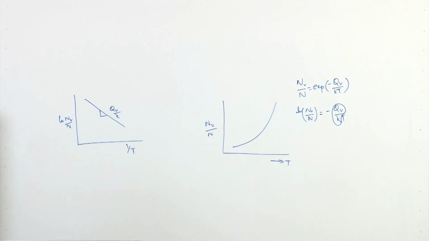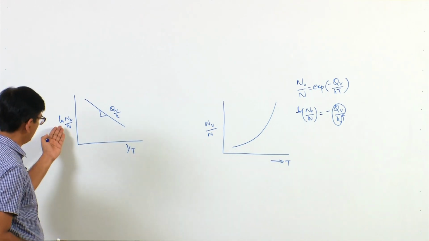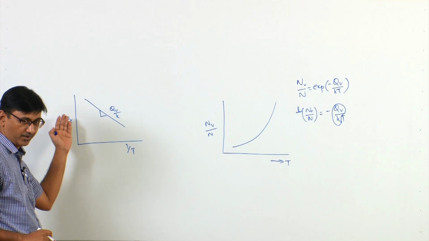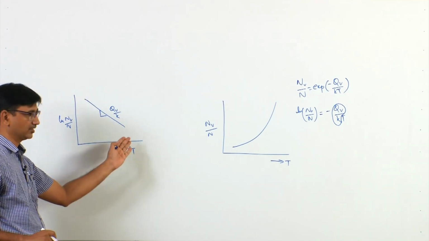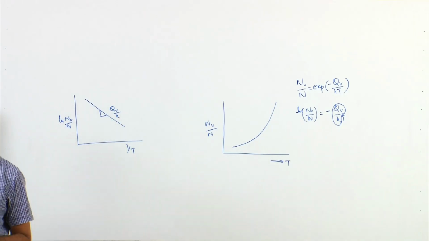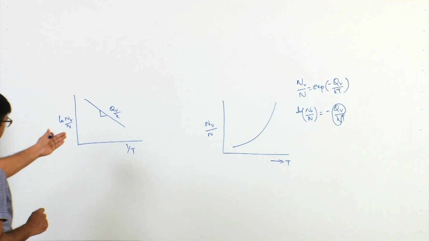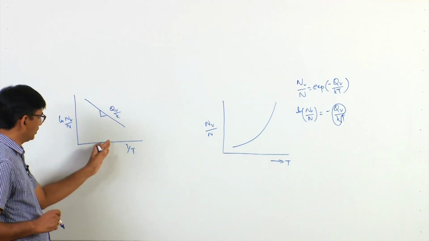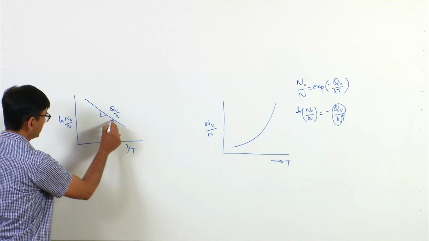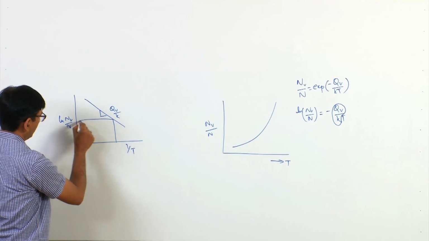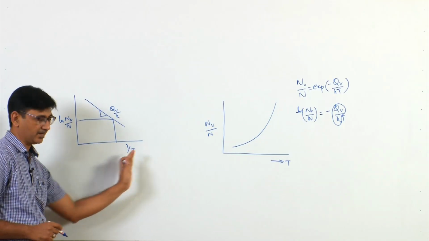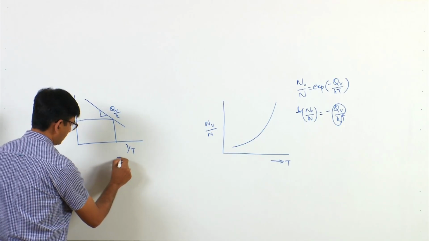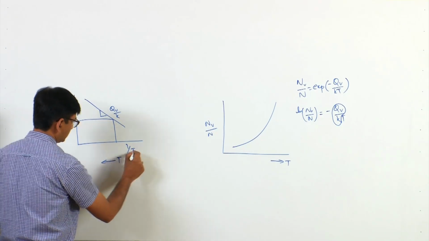So, by knowing how the number of vacancies changes as a function of 1/T, and from the slope, I can get the activation energy. Or if I know the activation energy, I can tell you the number of vacancies at a particular temperature. If 1/T is increasing in this direction, that means T is increasing in the other direction.